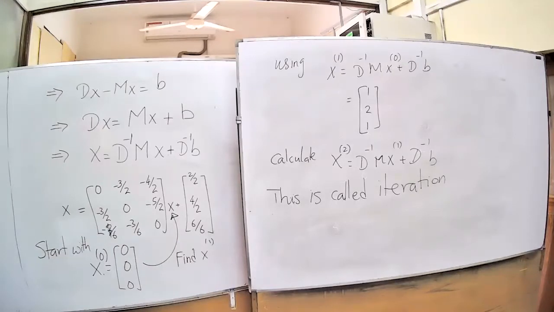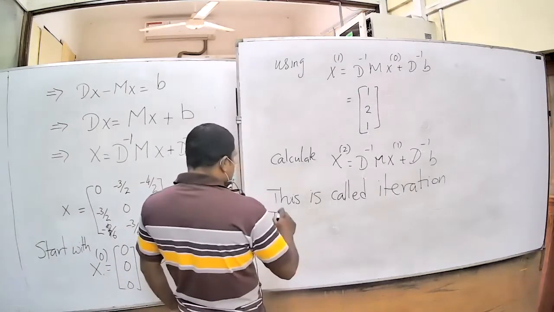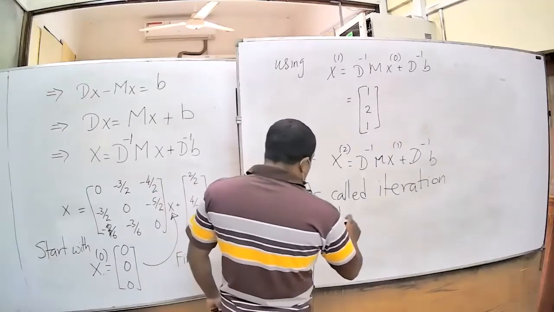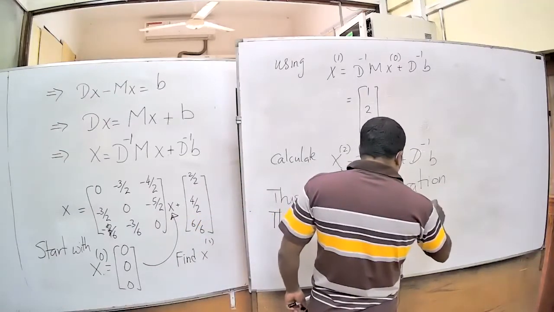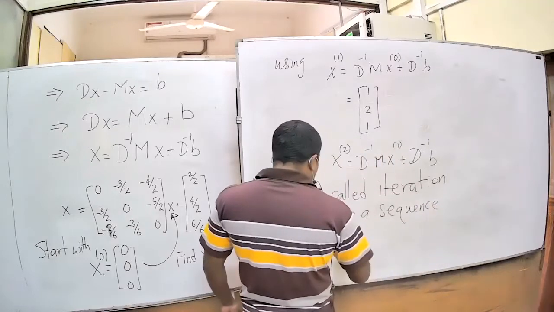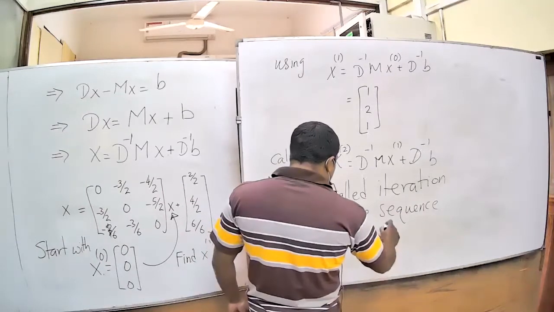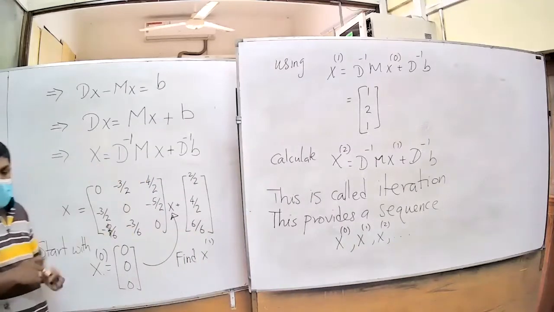So this kind of process is called iterative process. This gives you a sequence, right?